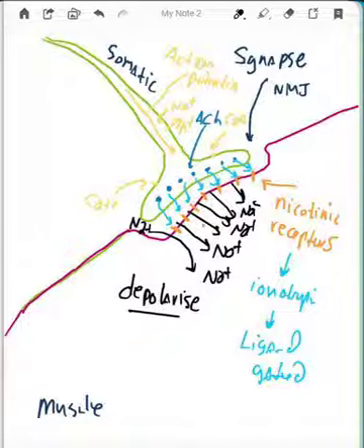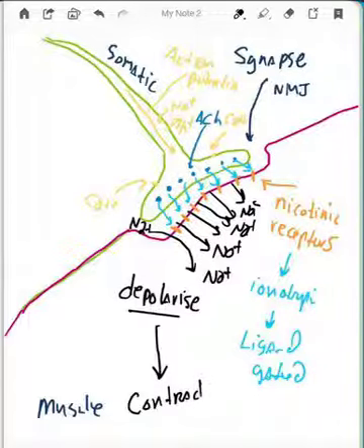That's what a depolarization is. I'm depolarizing the muscle by opening these channels up. And of course that depolarization then leads through several other intracellular processes to muscle contraction, and I'm able to contract my muscles.